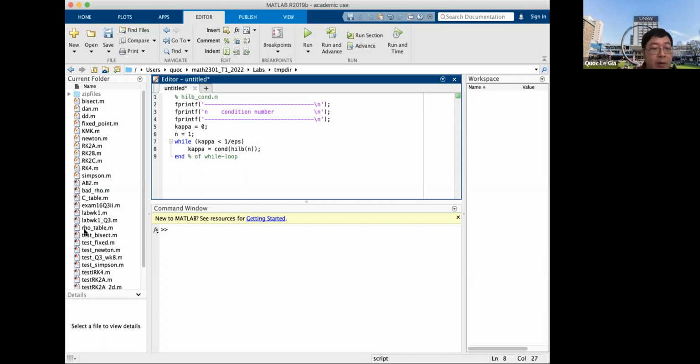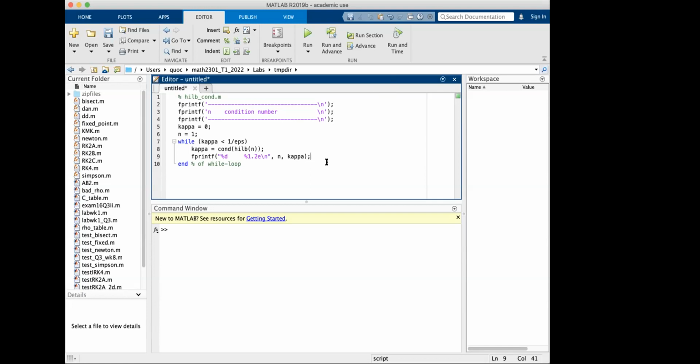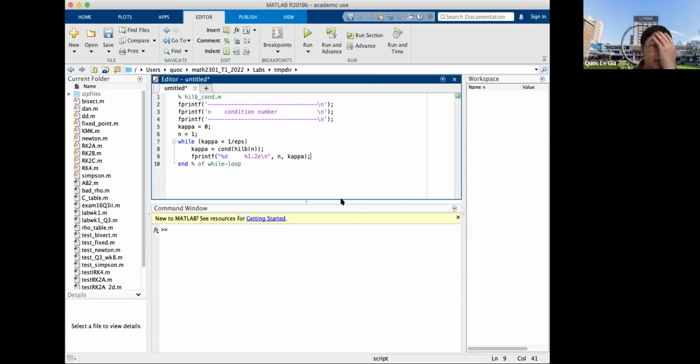Yes, very good, you use fprintf. fprintf gives you the format. The d stands for decimal, so you print out n, and kappa you can print out in scientific format, with 1 digit before the dot and 2 digits after the dot, then the exponent form. But is it okay? What happens if you run this program?